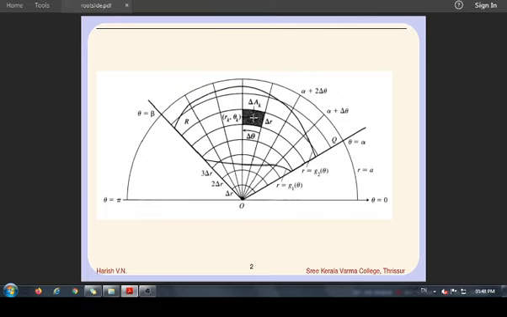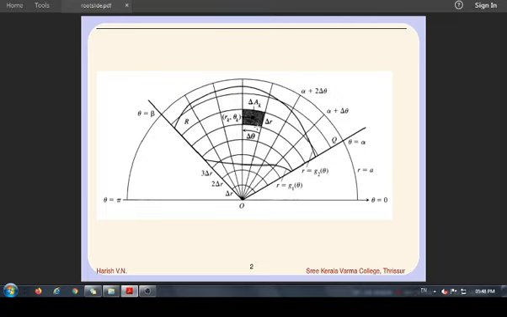Okay, now come here. (rk, theta k) is the midpoint of the kth rectangle delta Ak. Now I want to compute the area of this kth polar rectangle delta Ak. The area of the kth polar rectangle equals the area of this bigger sector minus the area of this smaller sector.